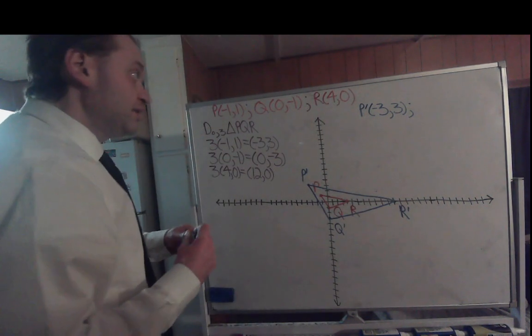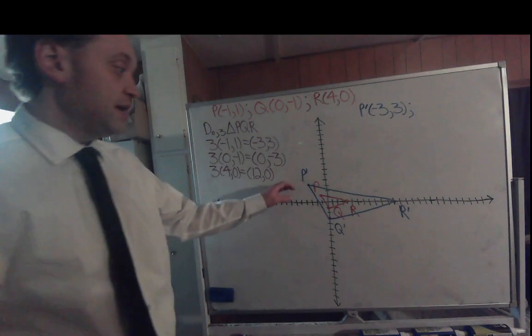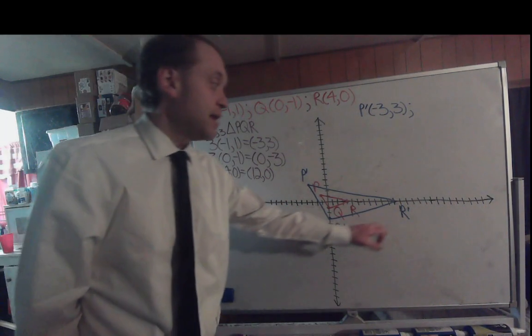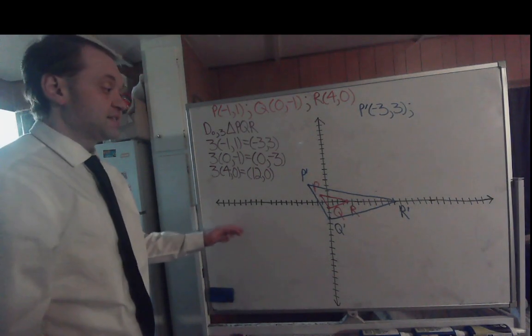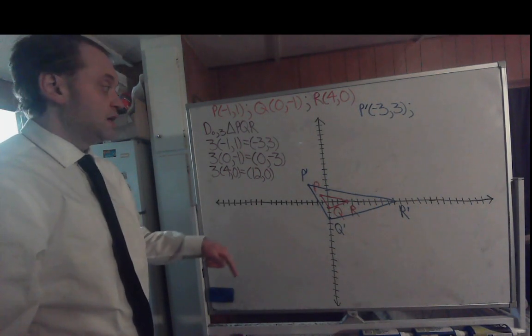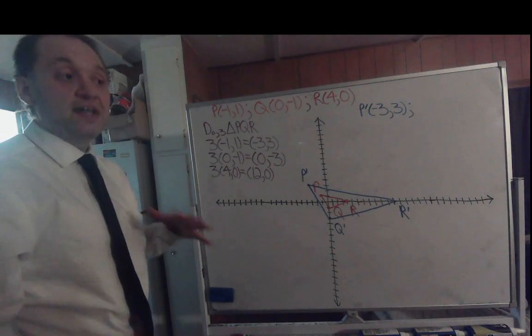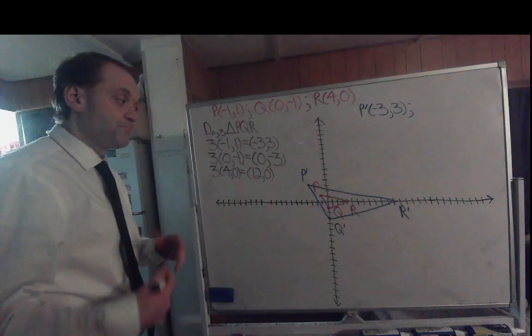So we can clearly see that triangle P prime, Q prime, R prime, since it has a scale factor of 3 from PQR, is definitely an expansion, right?